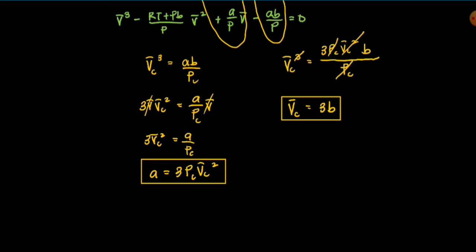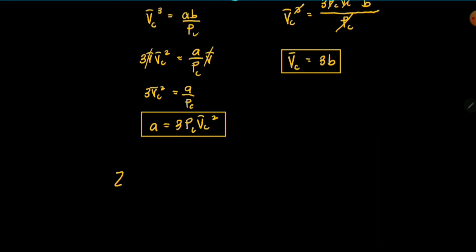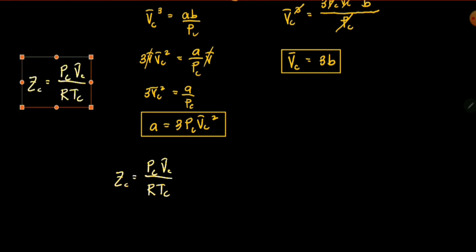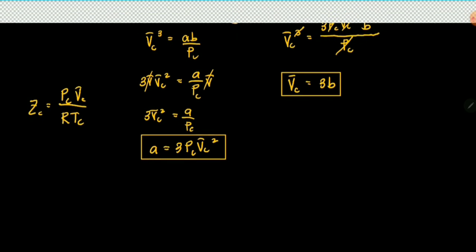So now, let's derive another parameter called the critical compression factor. The critical compression factor is equal to PCVC over RTC. Okay? So, what would be the expression for the critical compression factor?